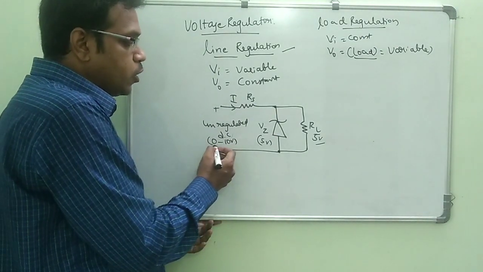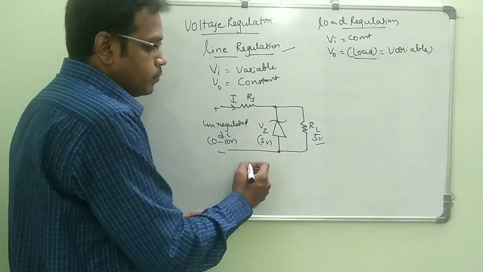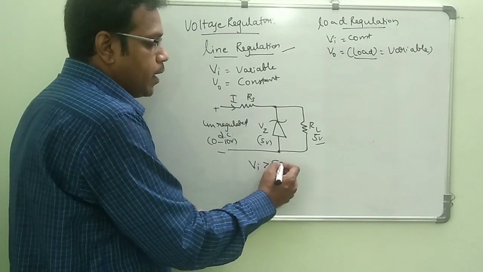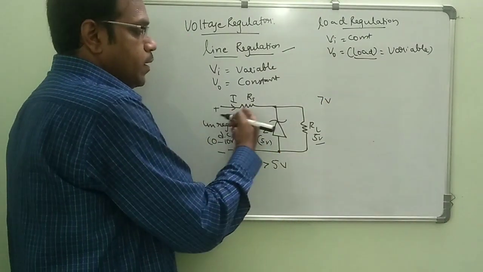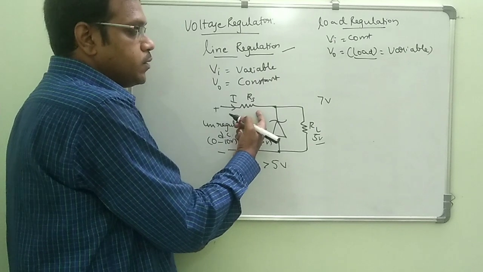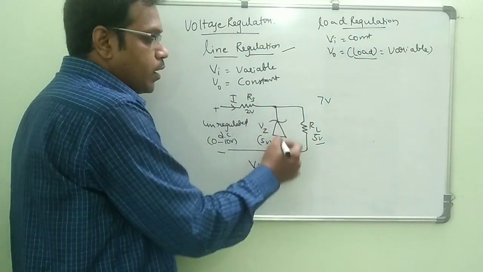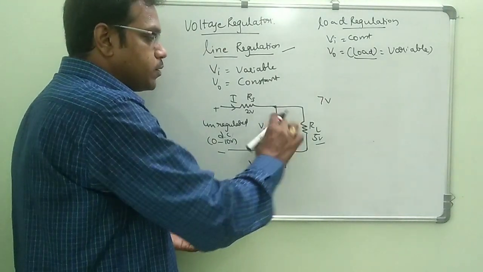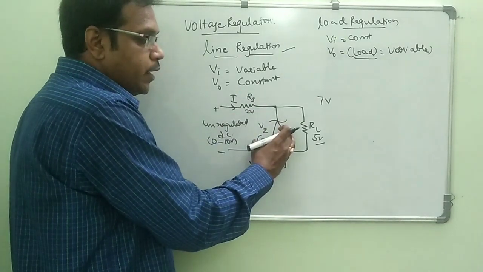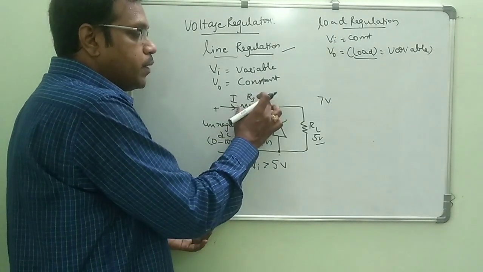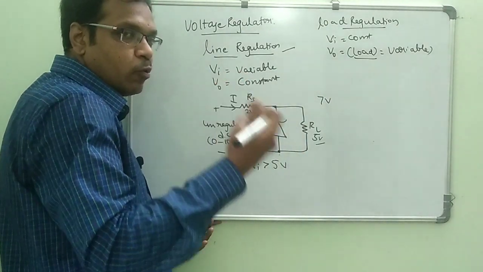Suppose in this 0 to 10 volts range, 7 volts is coming, that is VI should be greater than 5 volts. Because of the limiting resistance, 2 volts will drop across it and only 5 volts will come across the Zener. The limiting resistance helps the Zener diode get into the breakdown voltage.